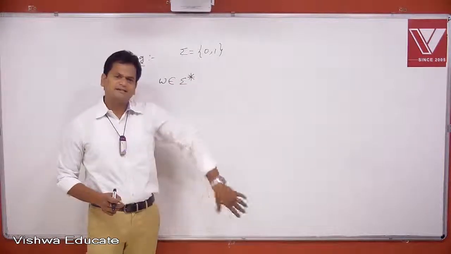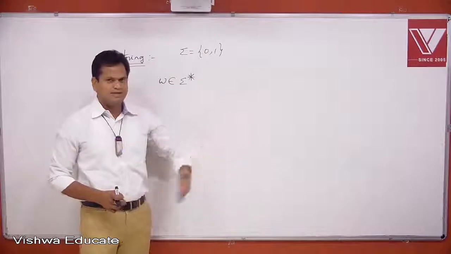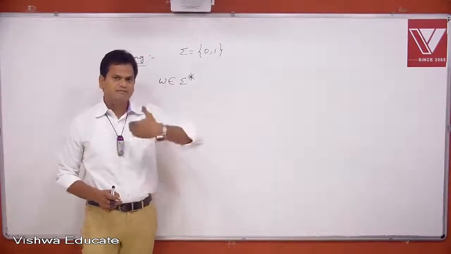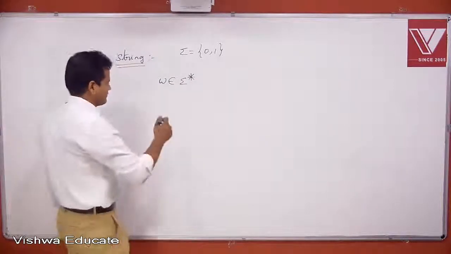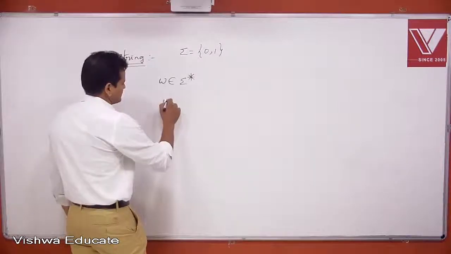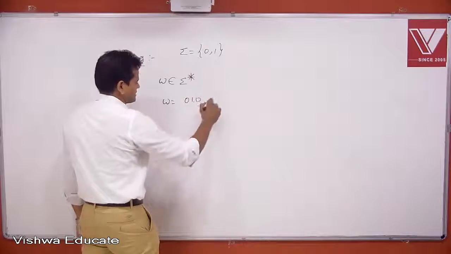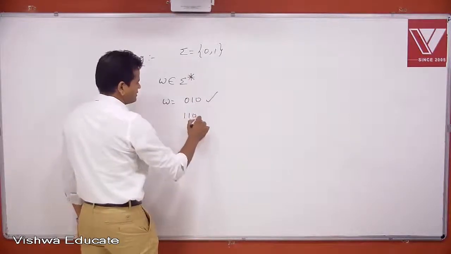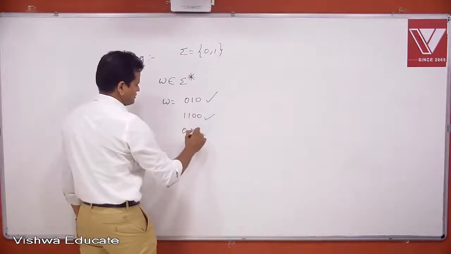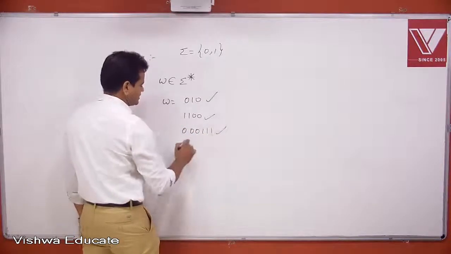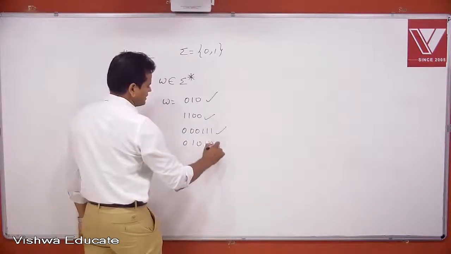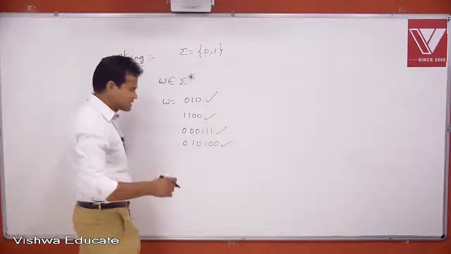You can take any length, but that length should be finite. Example, what is the difference between finite and infinite? A string is this one, over 0, 1. So 010 is a string, yes. And 1100 is a string, okay. And 00011 is a string. And similarly, whatever you can write over 0 and 1 will be a string.